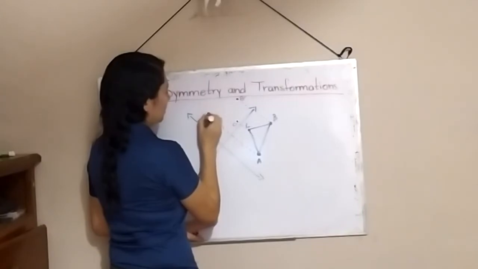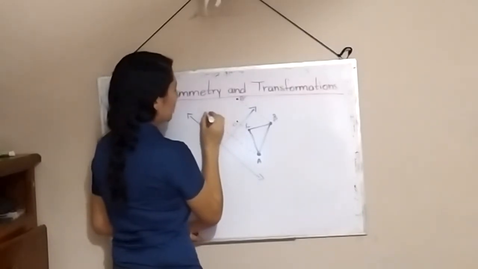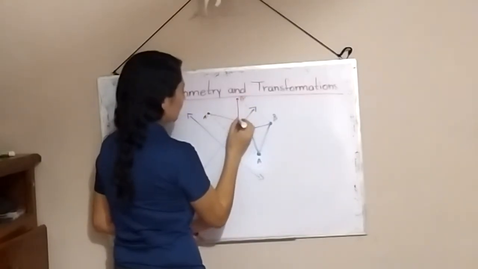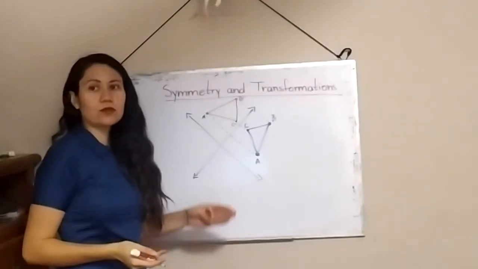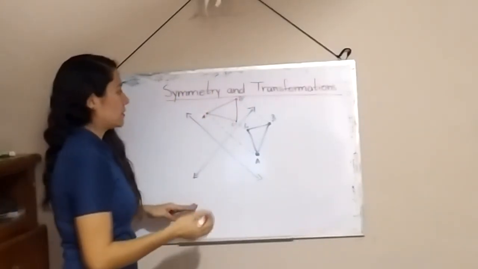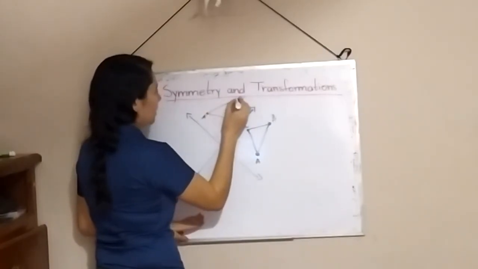And then we are going to join our points. And we are going to do the same with the other axis. Okay, so we measure the distance to the line.